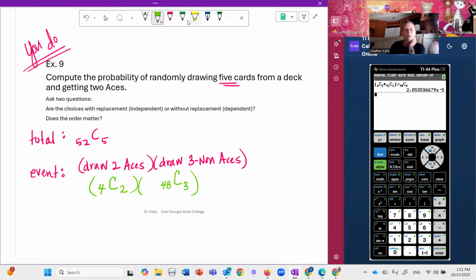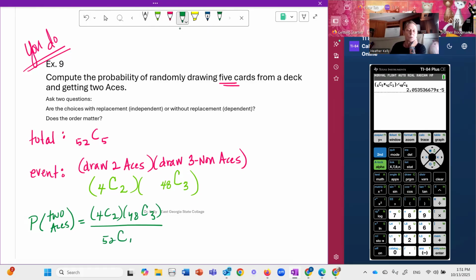So the probability of two aces is going to be 4 choose 2, times 48 choose 3, all over 52 choose 5.